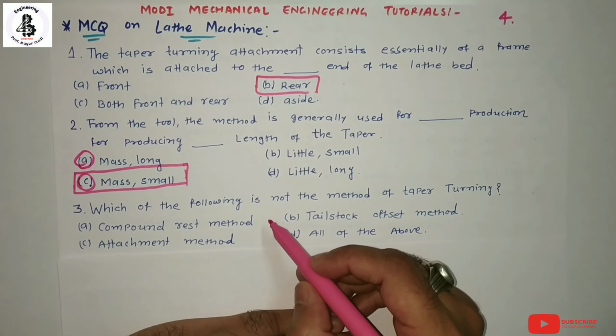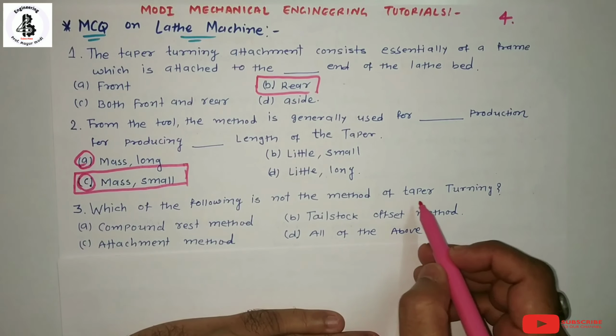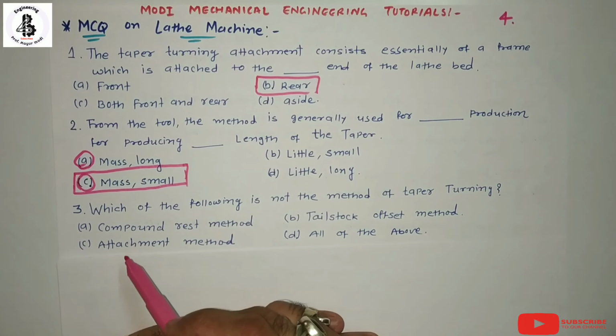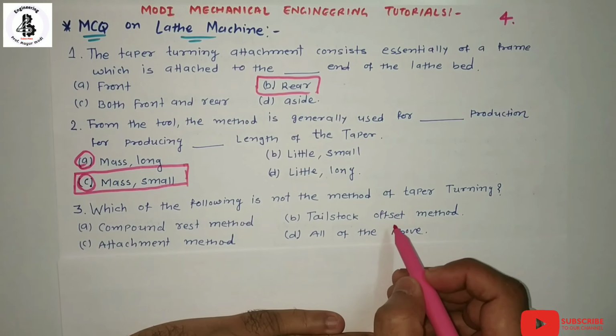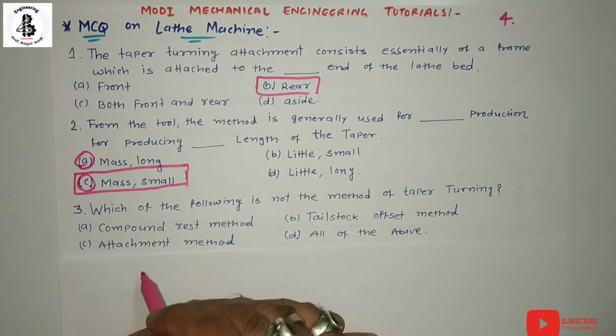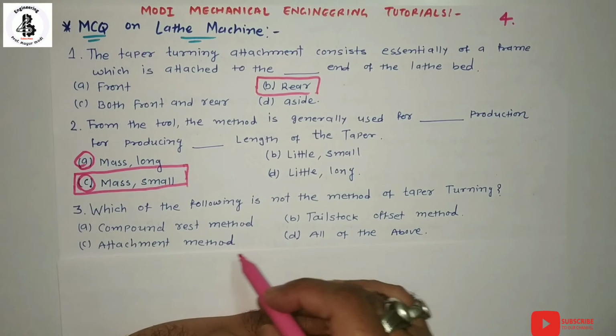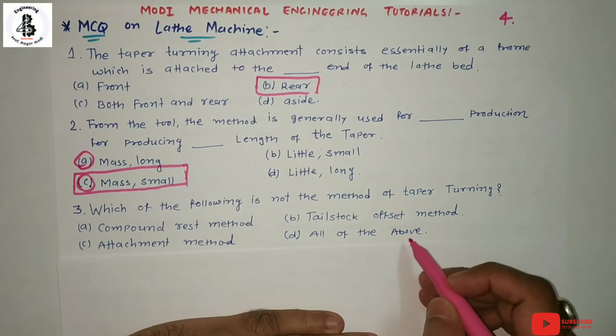Which of the following is not a method of taper turning? Option A, compound rest method; option B, tailstock offset method; option C, attachment method; and option D, all of the above.